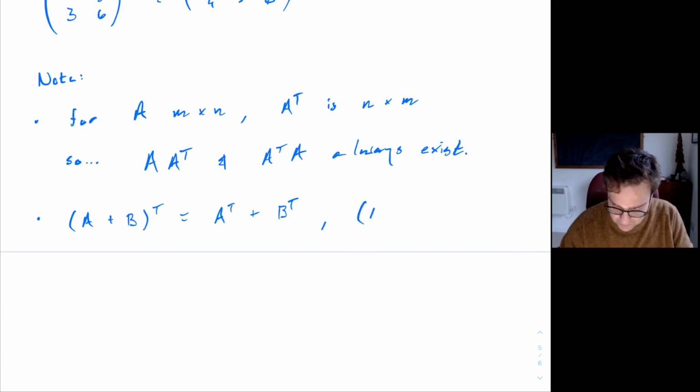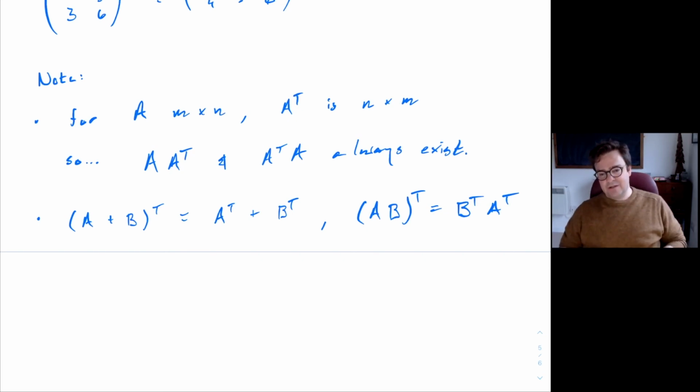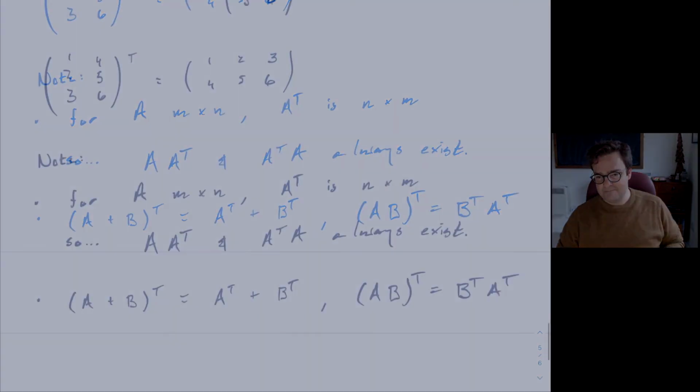Or I don't know if it's fun, it's a little bit surprising. The transpose of a product is the product of the transposes but in the opposite order. You can check that. I recommend you try that out and see if you agree. Give it a try. Put in my examples, or make your own examples and see if you can do that.